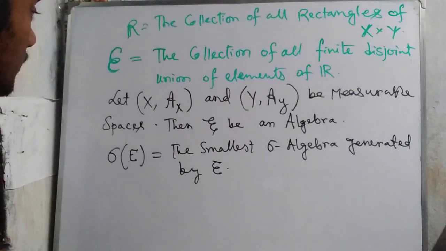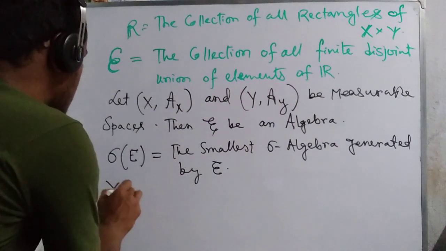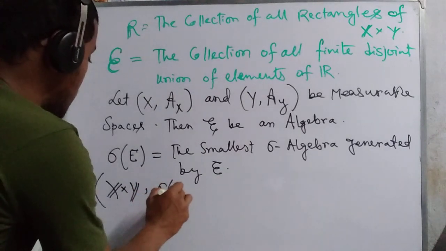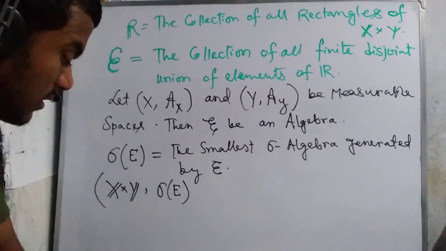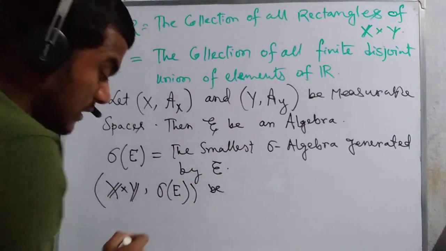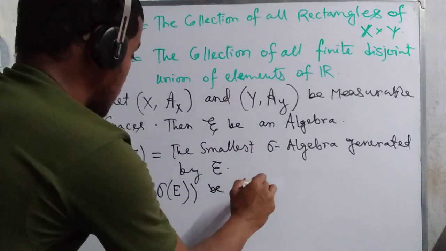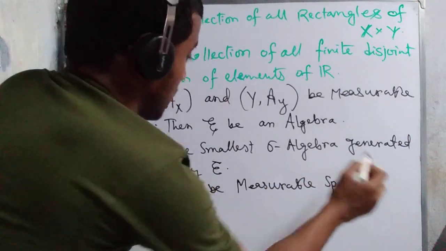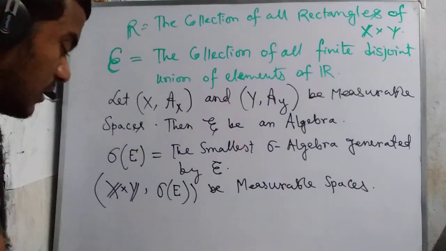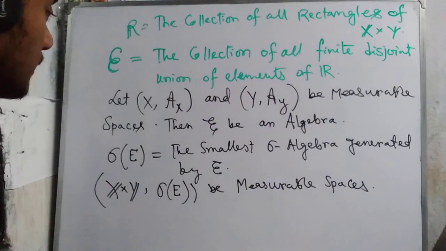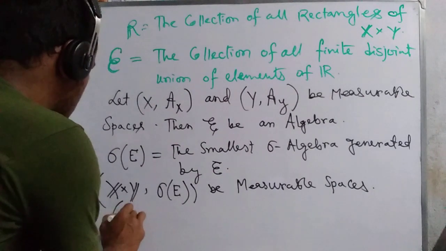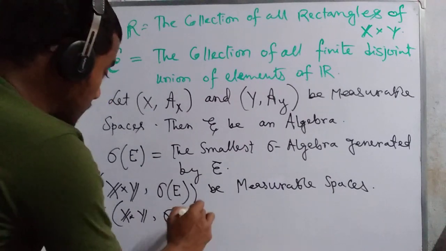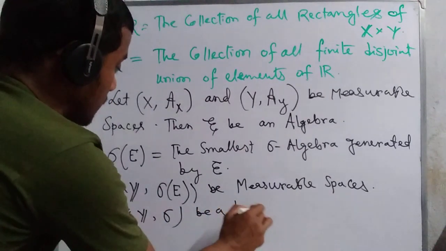So this X Cartesian product Y and this sigma(epsilon) are measurable spaces. Then X Cartesian product Y with this sigma algebra is a product measure space.